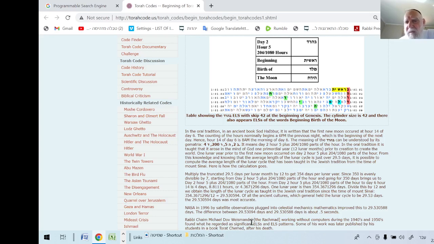He worked on computations during the 1940s and 1950s, and his students brought it in the book Torah Temimah after his death. So very, very important Bible code, 800 years ago.